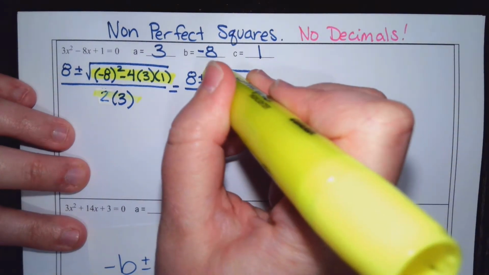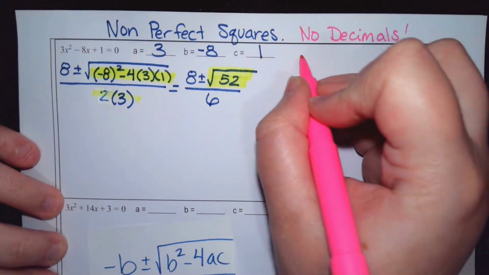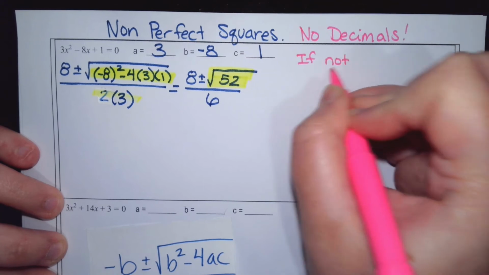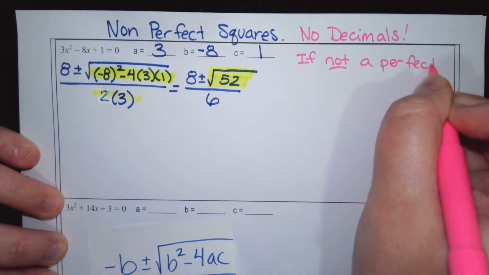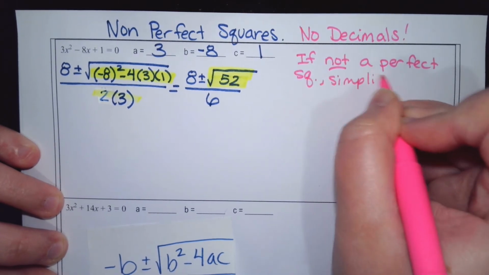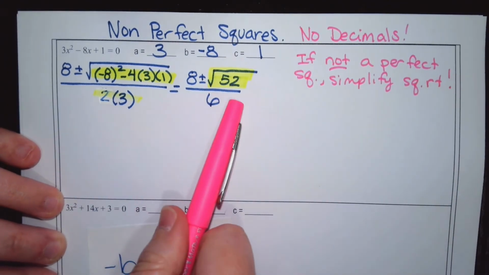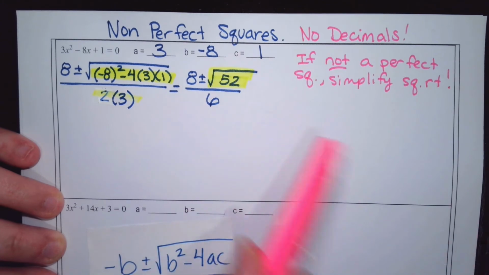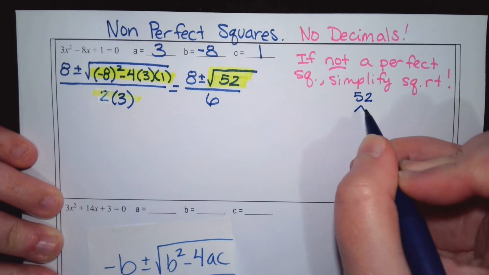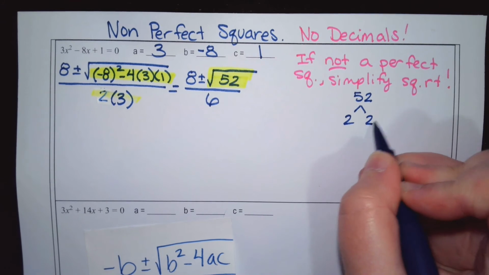We now need to simplify the square root. If it's not a perfect square, simplify the square root. So 52 is not a perfect square. So we're going to do what we did in the last lesson. We're going to break 52 down into our prime factor tree, and we get 2 and 26.